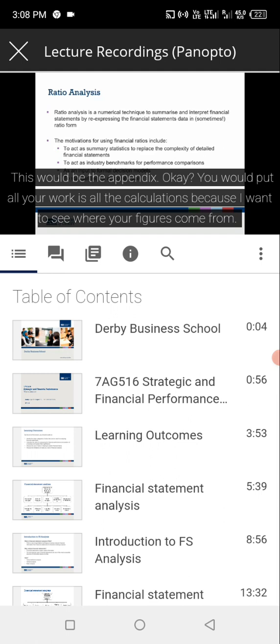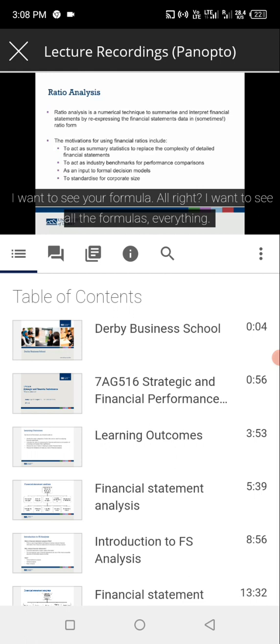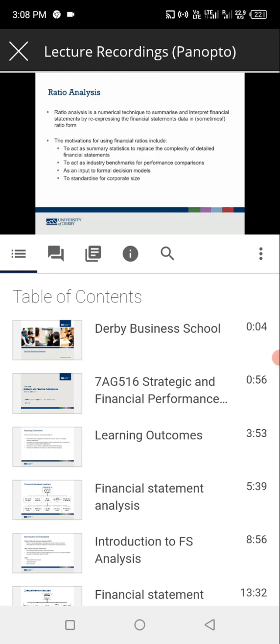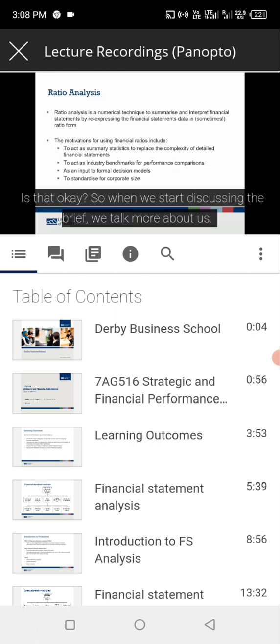You will put all your workings, all the calculations, because I want to see where your figures come from. I want to see your formula, all the formulas, everything. They will be in the appendix. And then, in the main report, you will present a table showing the summary of your ratios. Is that okay? When we start discussing the brief, we will talk more about that.